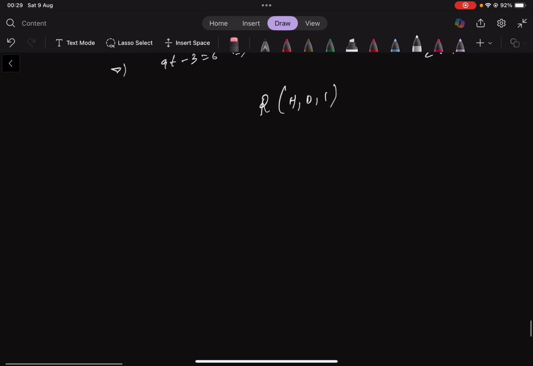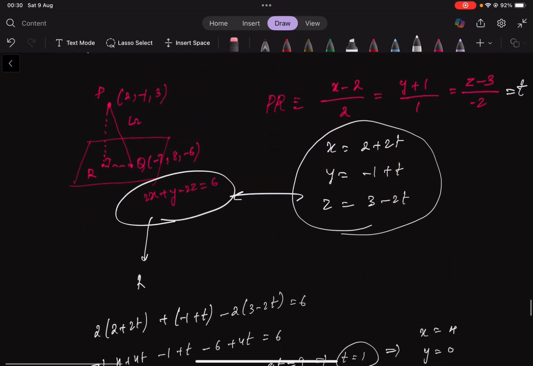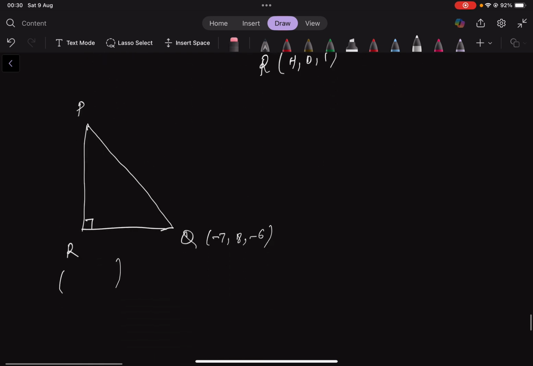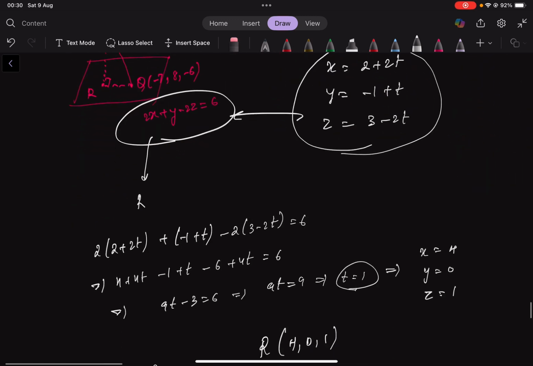If we consider the 2D view of the same thing, we have PR perpendicular to the plane, P is a point in space above the plane, and Q is another point on the plane. We got the point Q as minus 7, 8 and minus 6, R we just solved as 4, 0 and 1, and P is given in the question as 2, minus 1 and 3.